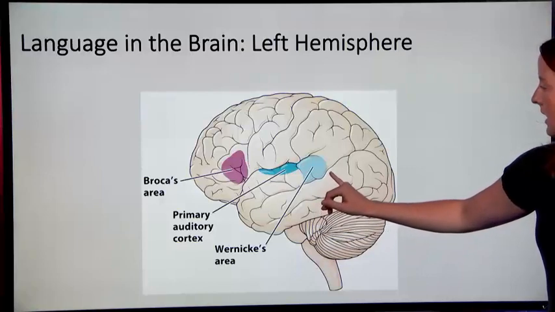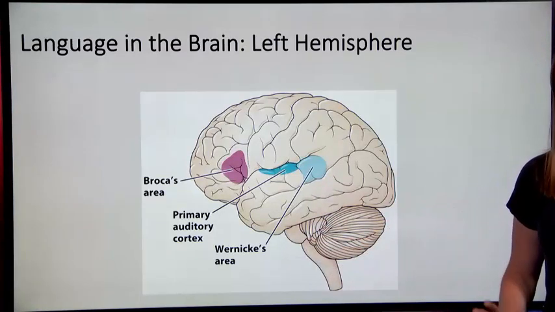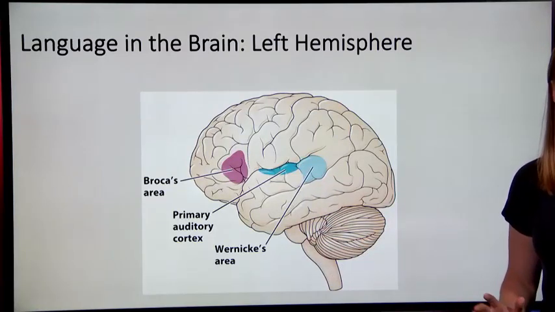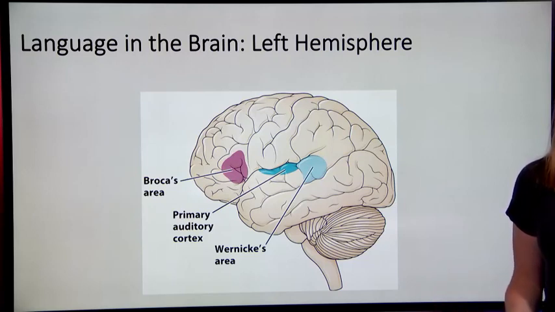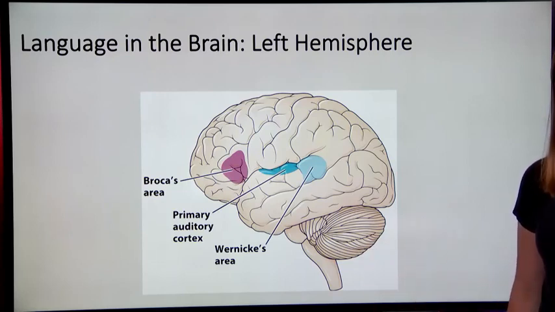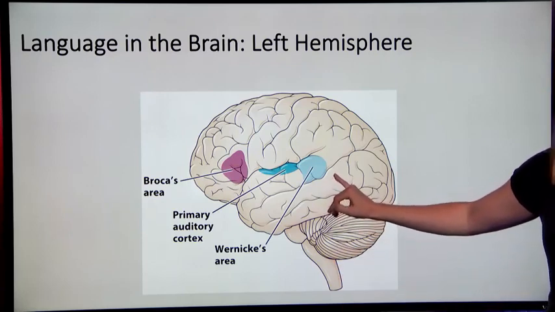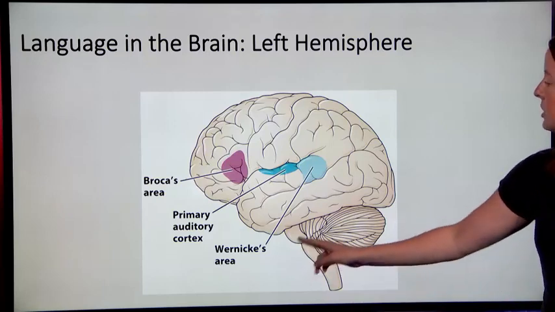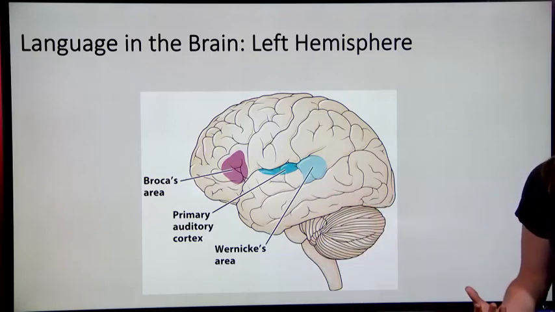Wernicke's area here in light blue is another key language area in the cortex, but this area is responsible for your ability to comprehend language. Your ability to read or understand what people are saying is heavily dependent on Wernicke's area. Damage to Wernicke's area would be known as Wernicke's aphasia, and you would have problems comprehending language.